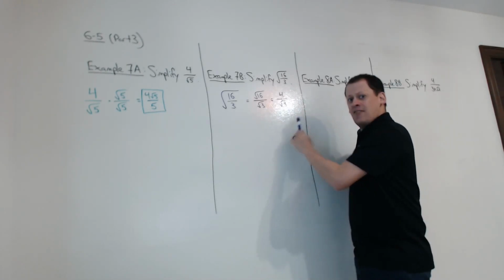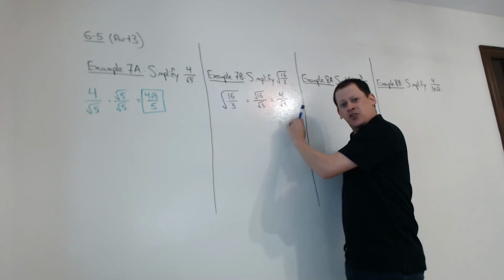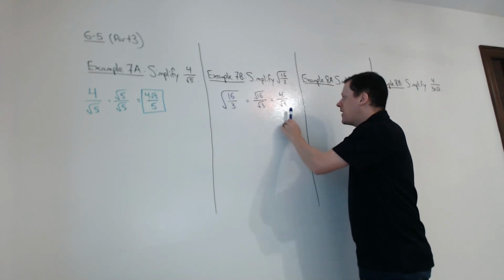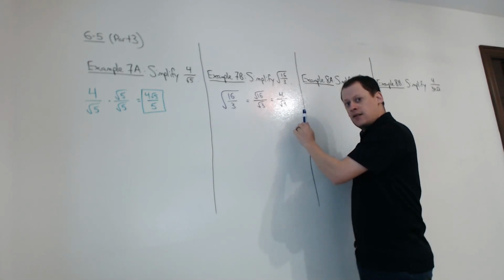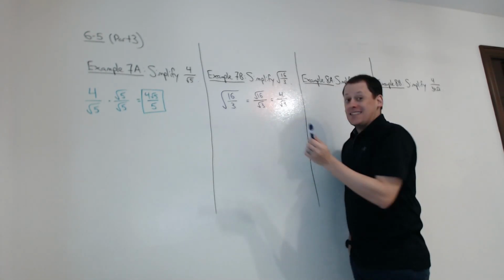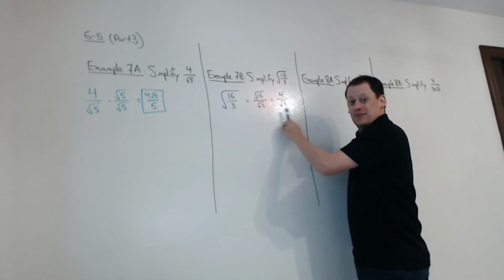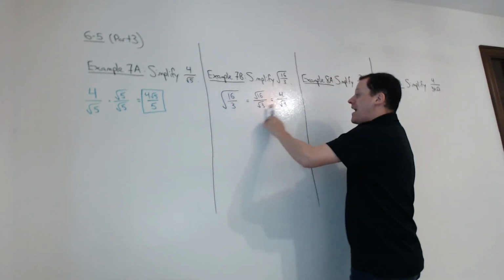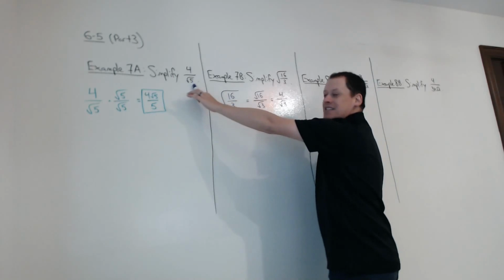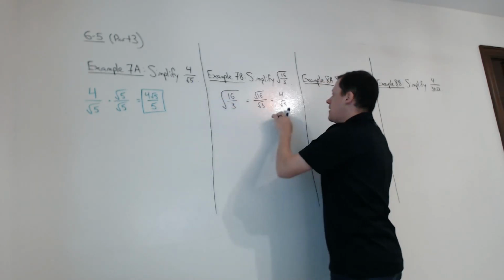Notice I haven't put a box around this, and I'm not going to because it's not our answer. What is wrong with this that we need to fix? Yeah, it's got a root on the bottom, just like what we started with here. So in this example, we had to actually go through a couple steps just to get to where we started here. So we'll start with this.